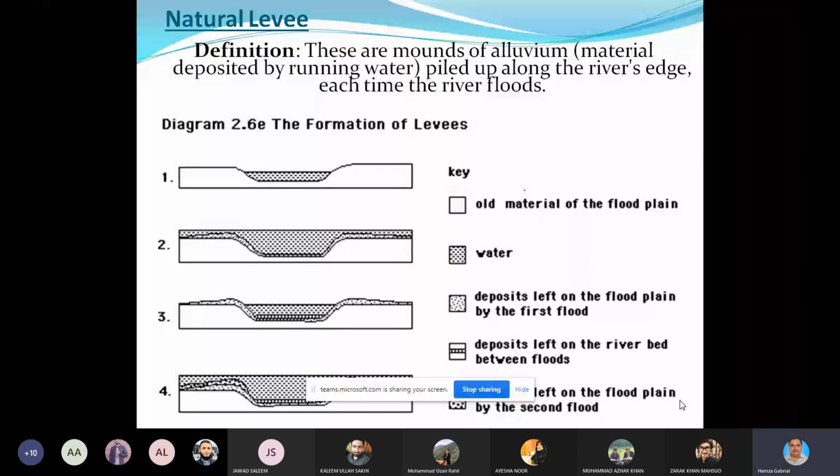So it looks like it is lifted up because of the deposition of this alluvium on the bed and on the floodplains. If you compare with the adjacent area, you will see this area higher than the adjacent area. So this is the way these natural levees are formed.